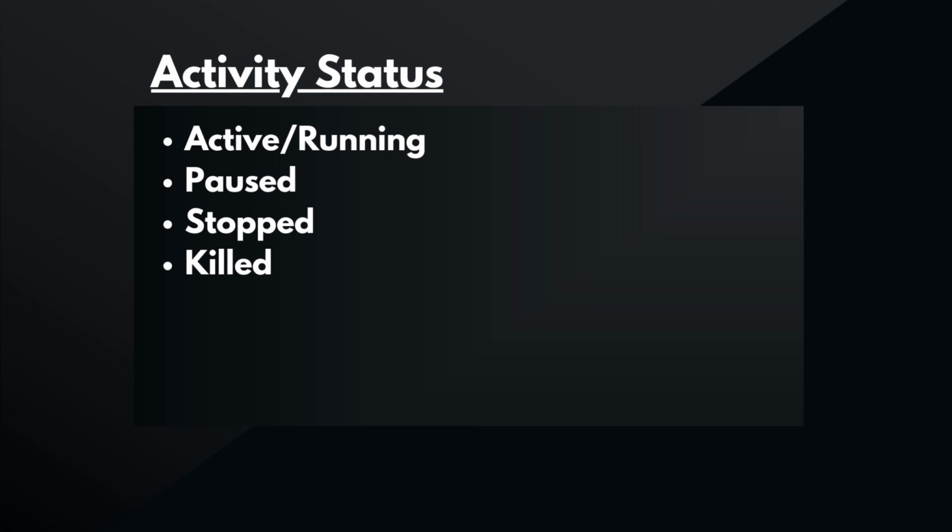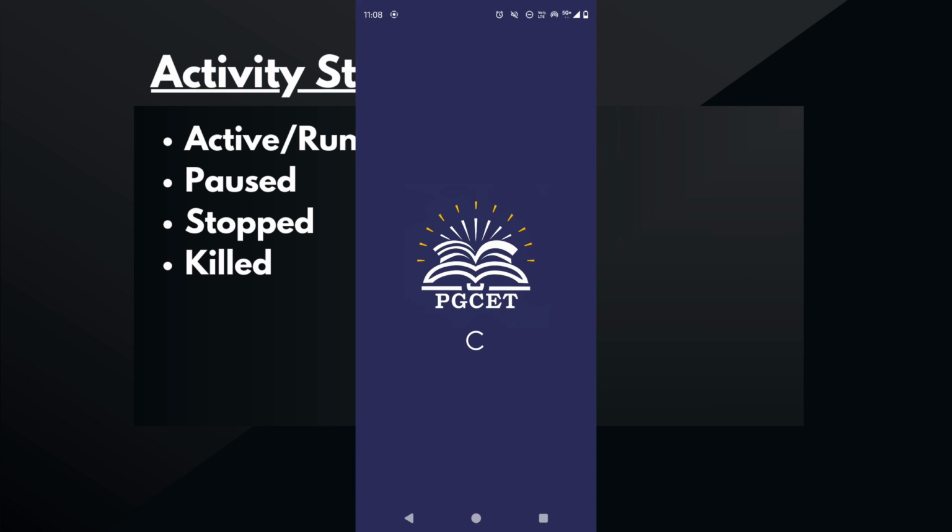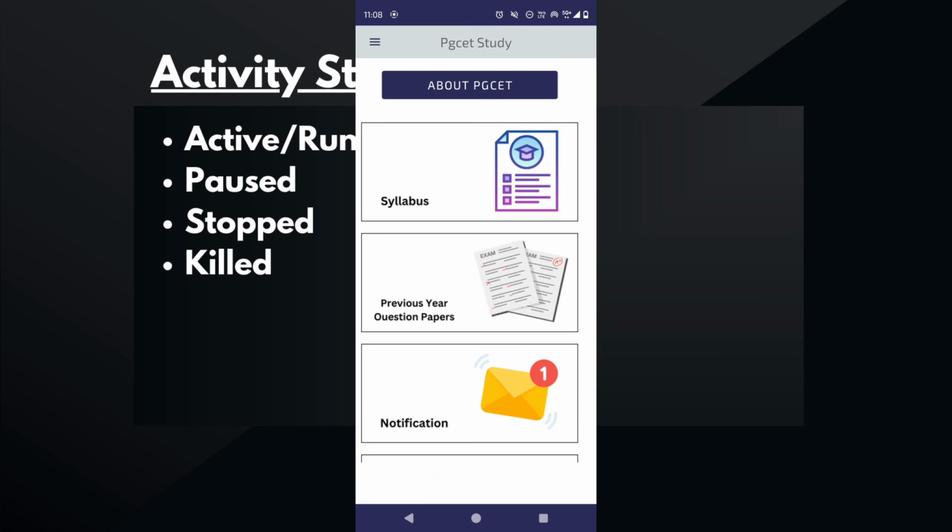Let me practically describe the idea. Until now we have not opened our application. It is in the inactive state. When we open it, it comes to the active or running state.